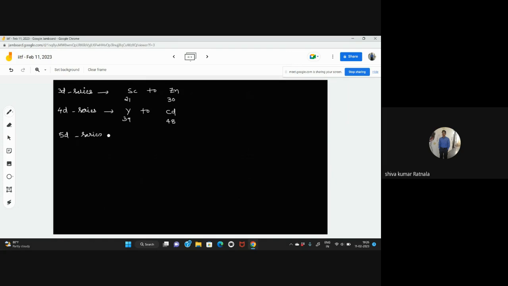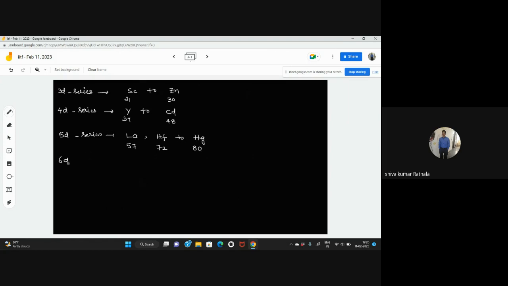Next, 5D series. In the 5D series we have lanthanum 57 and 58 to 71, the lanthanides, and after that hafnium 72, up to mercury 80. These are called 5D series.